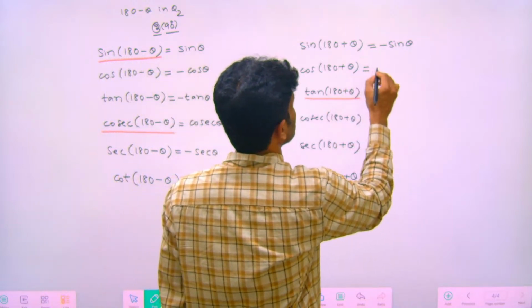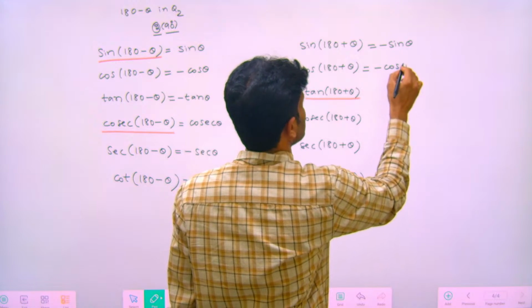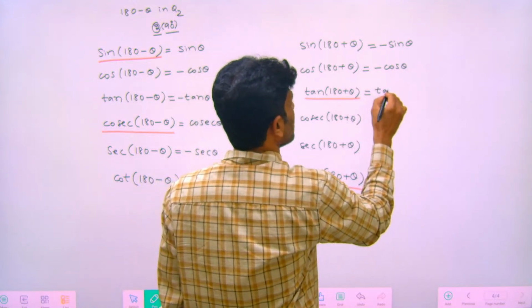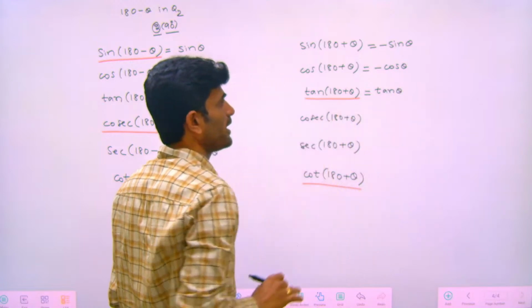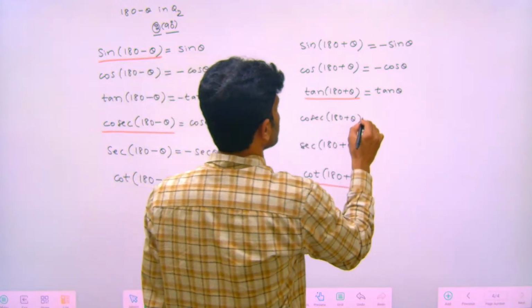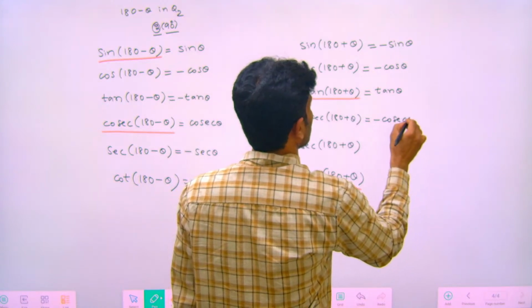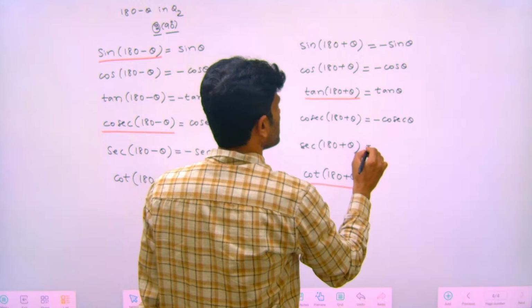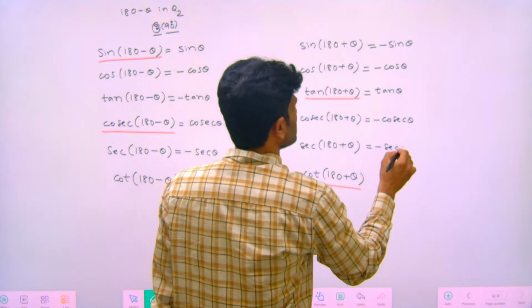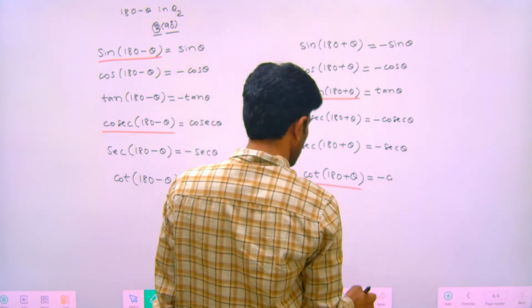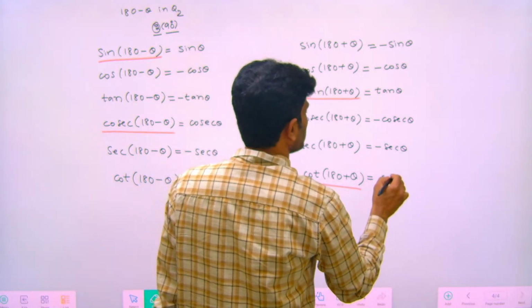Cos of 180 plus theta is minus cos theta. Tan of 180 plus theta is plus tan theta because it is in third quadrant. Cosecant of 180 plus theta is minus cosec theta. Secant of 180 plus theta is minus secant theta. Cot of 180 plus theta is plus cot theta.